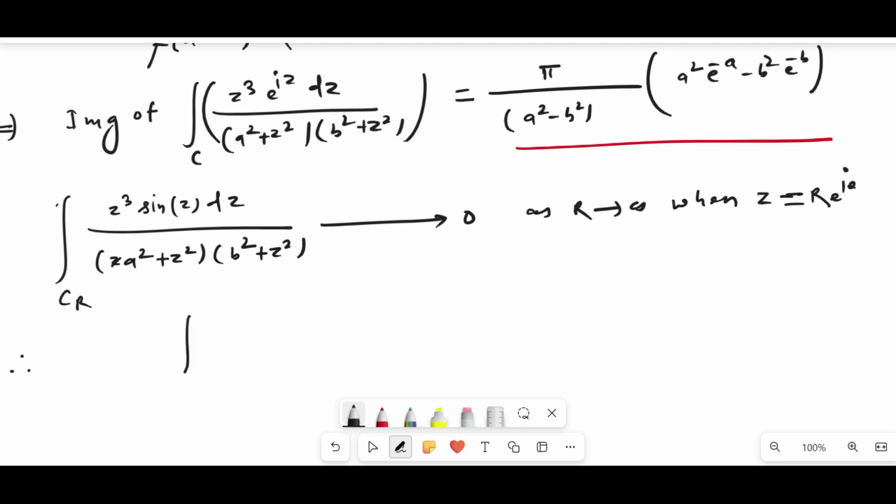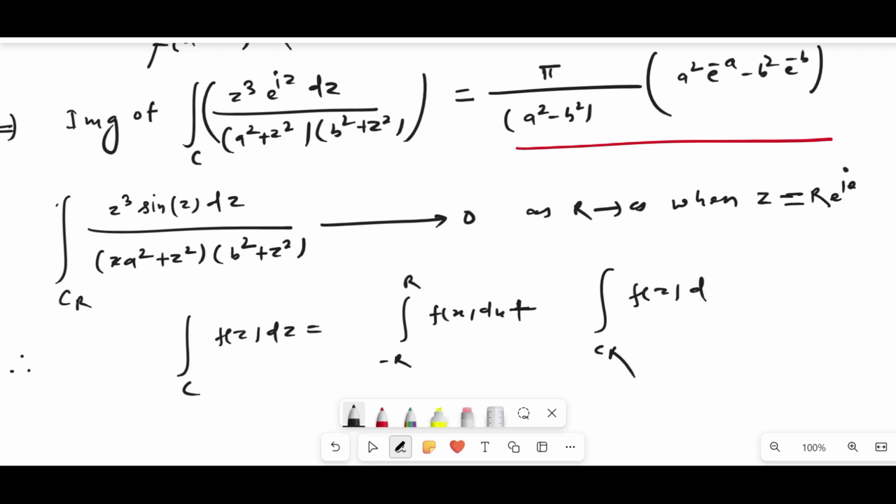we can write the value of the integral over the curve C, f of z dz, is equal to the integral from negative r to r of f of x dx plus the value of the integral over the curve C having a radius r, f of z dz.